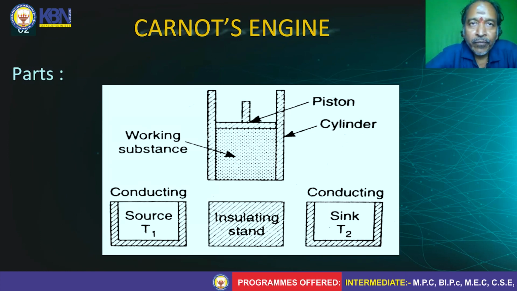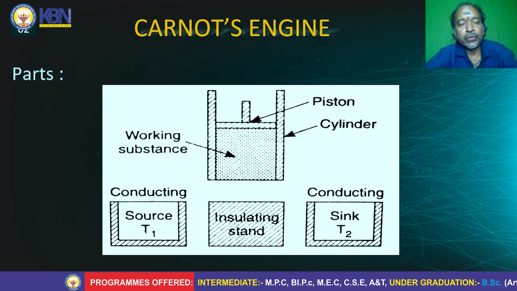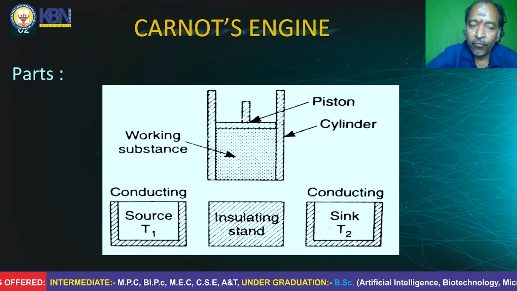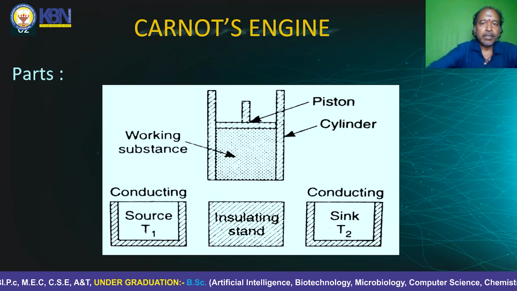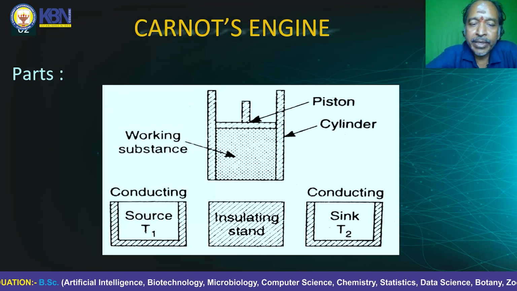So the main function of the Carnot's engine is that it is a device useful to convert heat energy into mechanical work, and the parts are the working substance, source, sink, and the insulating stand.